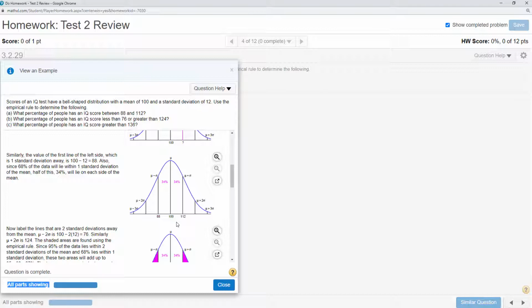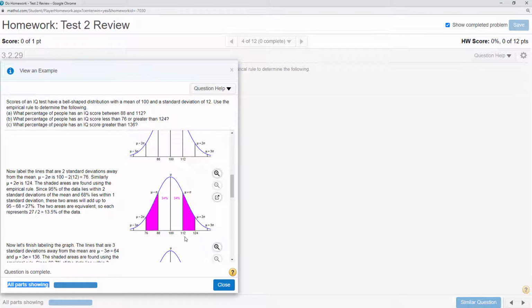So it'll be 100 plus 24, or 100 minus 24. So 100 plus two deviations would be 124, and 100 minus two deviations would be 76.